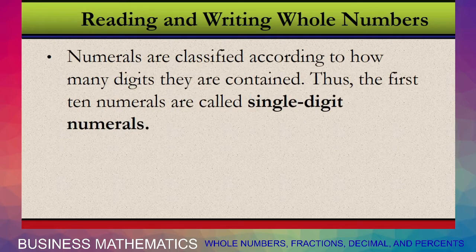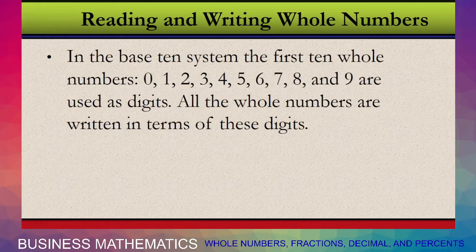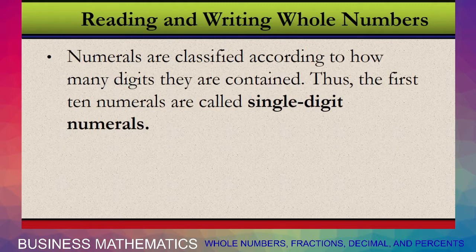So numerals are classified according to how many digits they contain. So thus, the first 10 numerals are called single digit numerals. So kapag yung katulad ng example natin kanina, 0, 1, 2, 3, 4, 5, 6, 7, 8, 9, ang tawag sa kanya ay single digit numerals. Since iisa lang yung digit niya. Okay? So next.